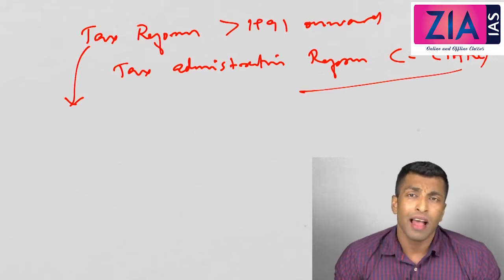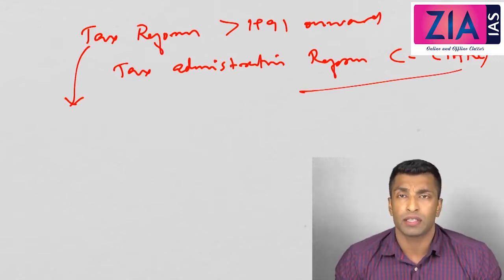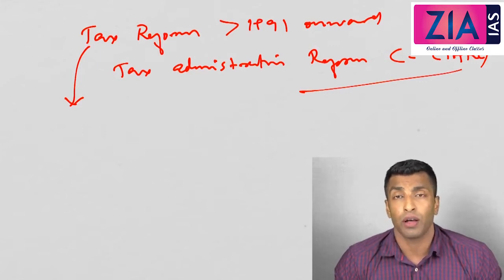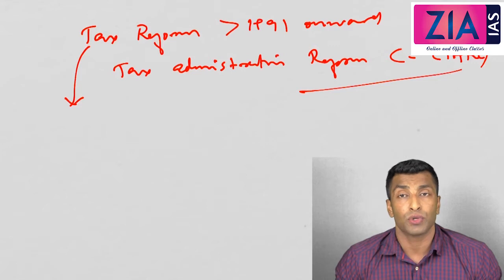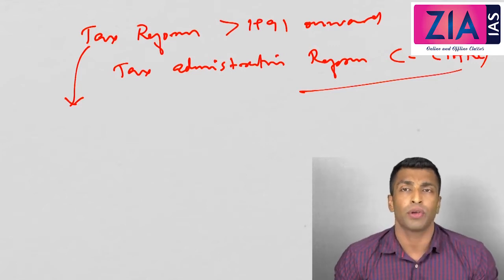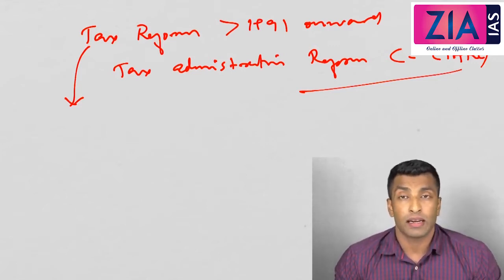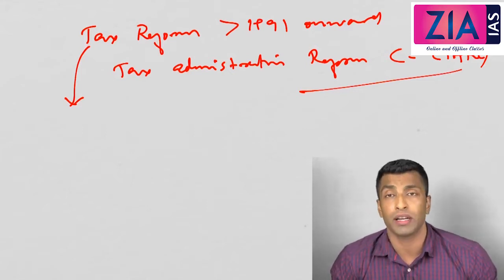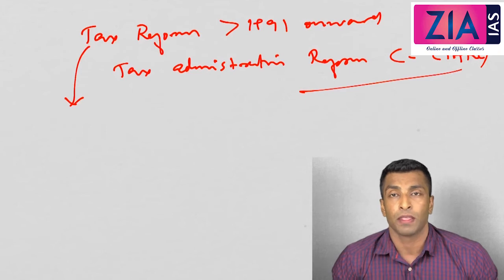So I'll be talking about that. And then later, one more committee we need to discuss, that is the Kelkar Committee. Basically that is a task force on direct taxes and a task force on indirect taxes. There were 2 committees, and that's what we call the Kelkar Committee, and we'll discuss that. And then we'll go to the Tax Administrative Reform Commission, and we'll see the recommendations also.